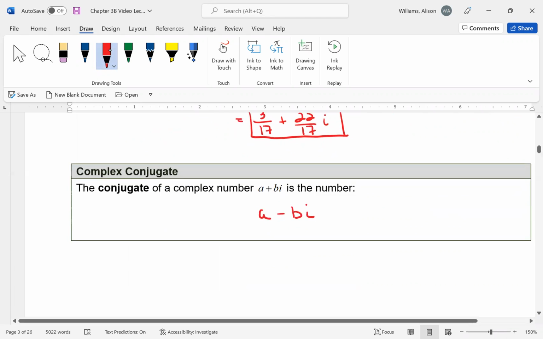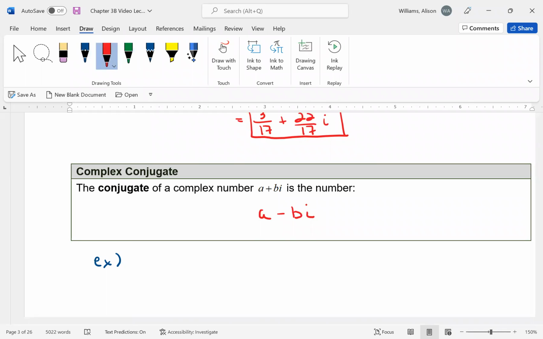Okay, real quick, taking a second to understand what that means. If I'm looking at 2 minus 7i, the conjugate would be 2 plus 7i. If I'm looking at negative 3 minus 4i, the conjugate would be negative 3 plus 4i.